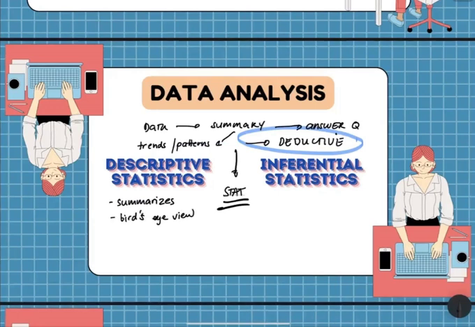Here we do your measures of central tendency, your frequency counts, percentage, variability, standard deviation, and the like. So it's a bird's eye view or a snapshot of our data, but it's really superficial. It's just on the top level, surface level, I mean.